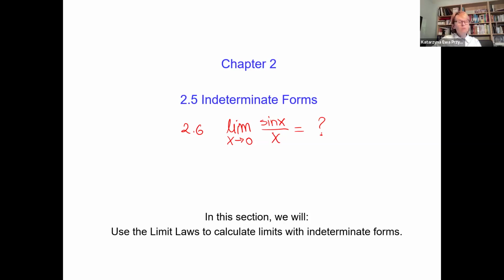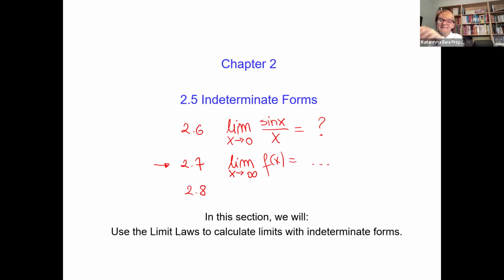And 2.7 is about limits at infinity, limits as x goes on and on and on. We will investigate this tomorrow.